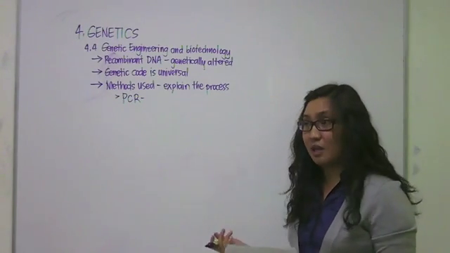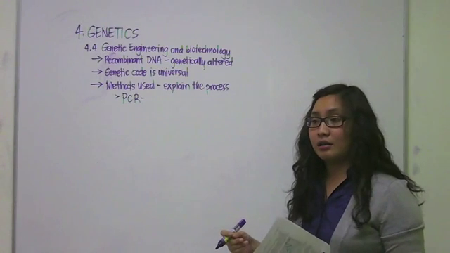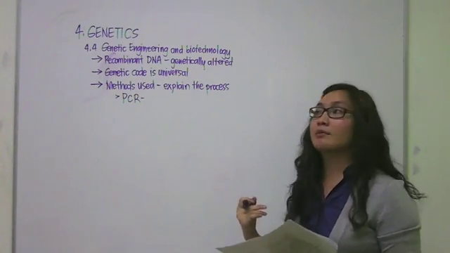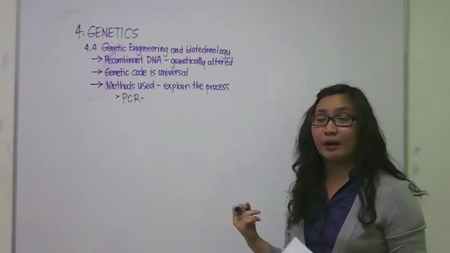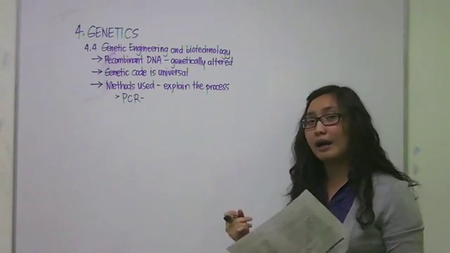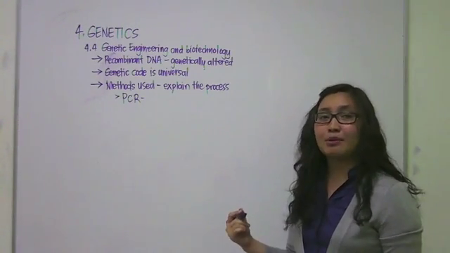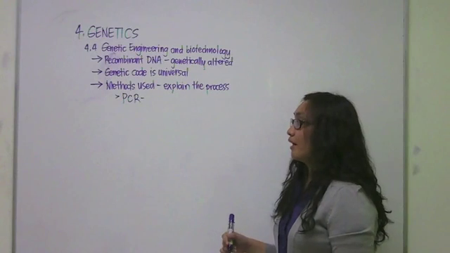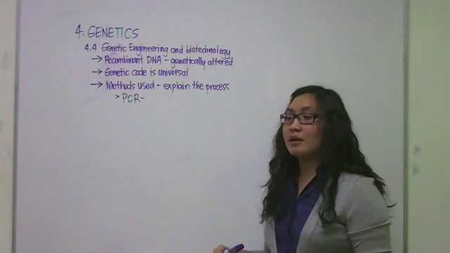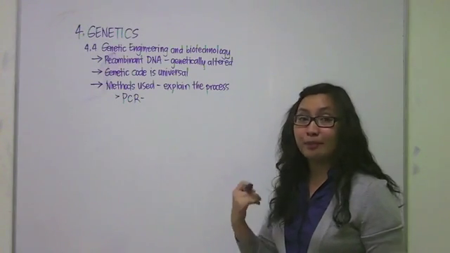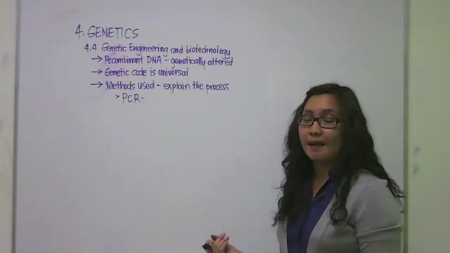This is actually used in paternity tests, or especially in crime scene investigations, wherein we are only able to acquire a very, very small amount of DNA sample. In this way, with PCR, we are able to amplify, or to make more copies or replicates of the original DNA sample.